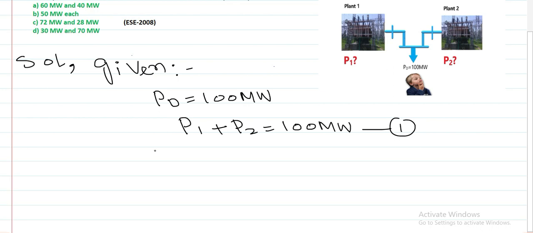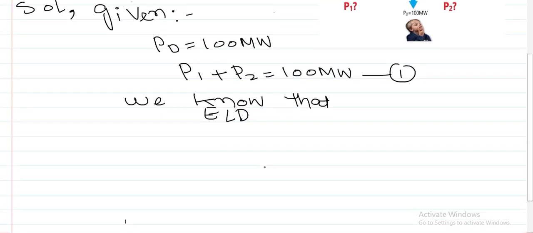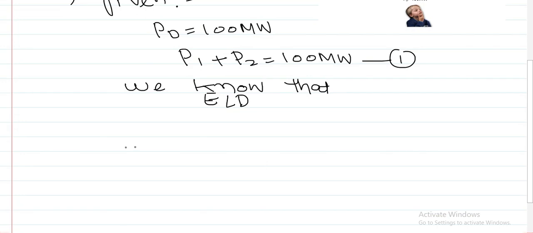Equation first. Now we know that for economical load dispatch, the incremental fuel cost of the two plants should be the same.